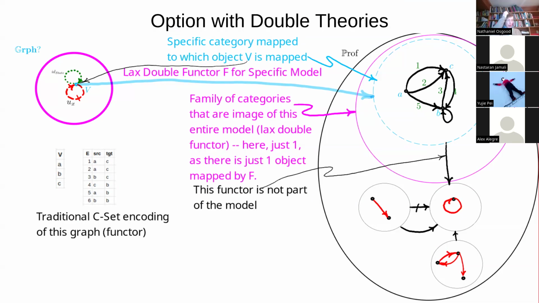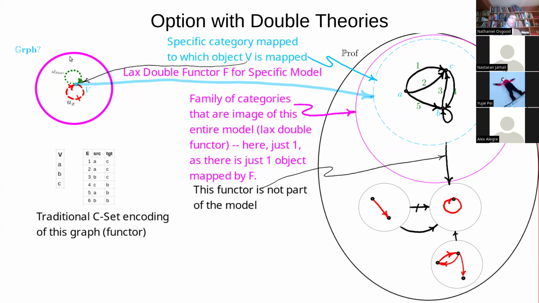But instead of having a C-set, where the model is a functor from the schema category into the category Set, with each object becoming a set and each morphism in the schema category becoming a function between those sets, what we're dealing with here in this double category theoretic context is something analogous not to C-sets, but to C-categories.